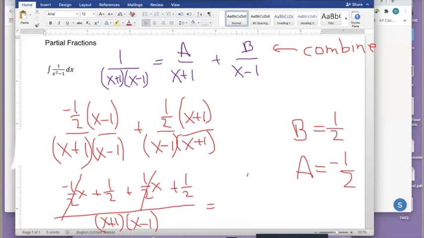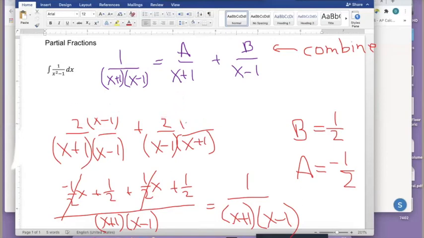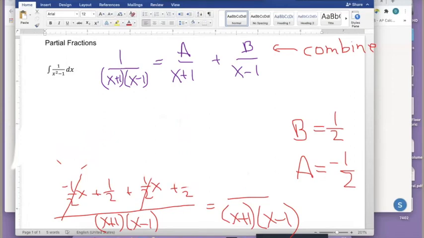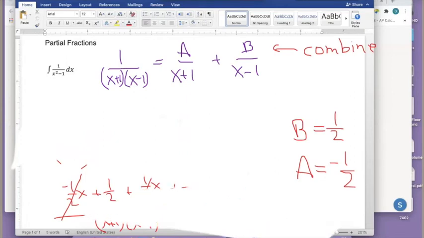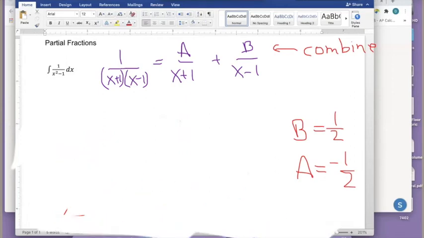And sure enough, we do end up with 1 over x plus 1 times x minus 1. So I hope I've convinced you that we have successfully broken apart that fraction 1 over x squared minus 1. And that allows us to have a relatively easy integral.